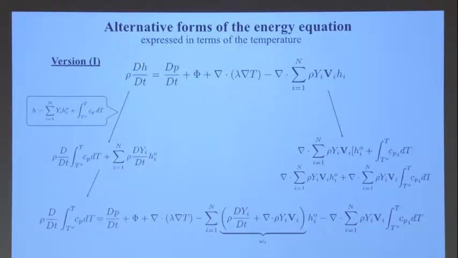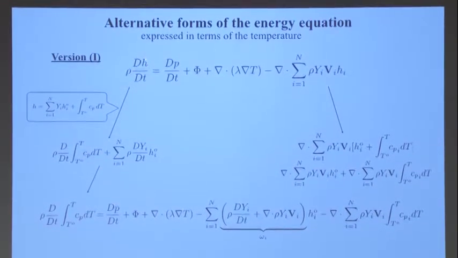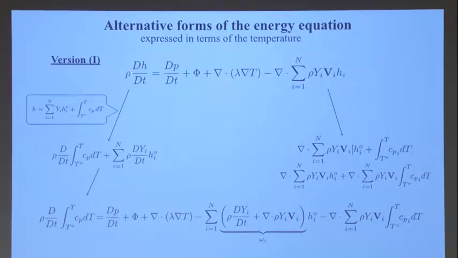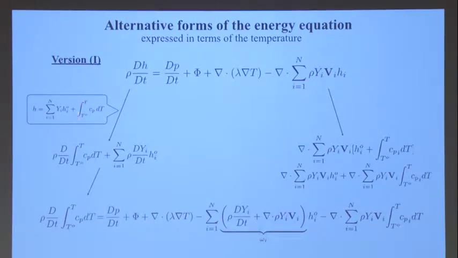So in this version, you start with this term, which is the material derivative of the enthalpy of the mixture, and you replace the enthalpy of the mixture by its definition, which is the specific enthalpy plus what we often call the sensible enthalpy, the one contributed from the Cp. When you substitute in here, clearly the derivative involves two terms: one contribution from the Yi, which is here, and the other from this integral, which is here.